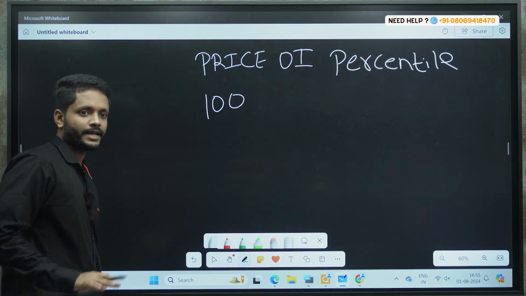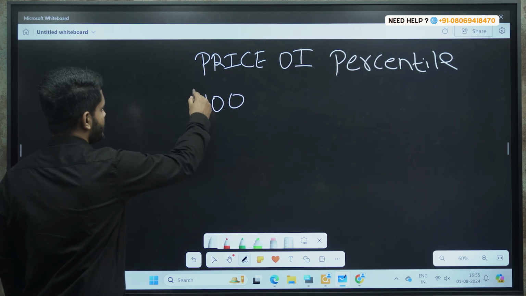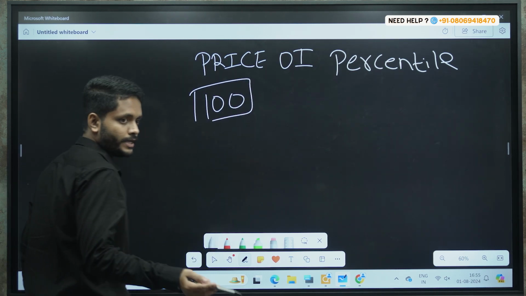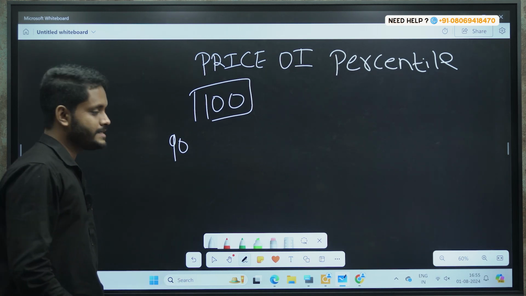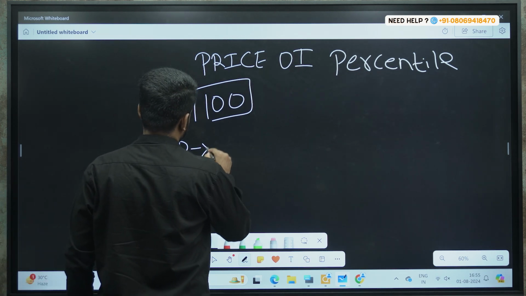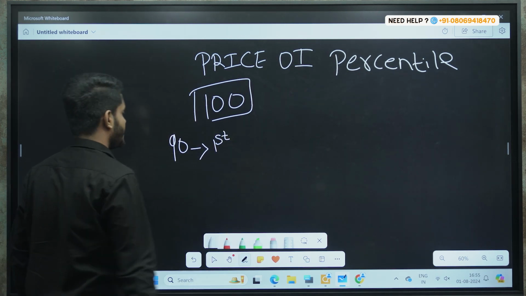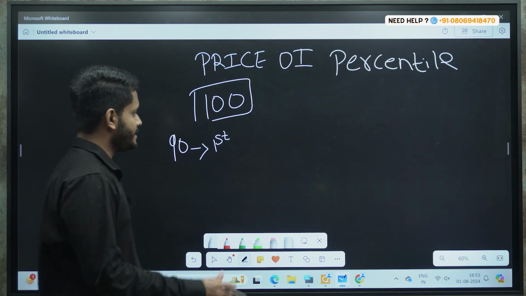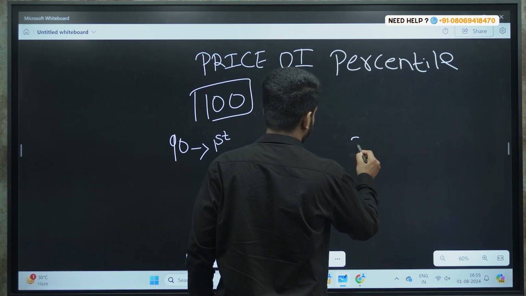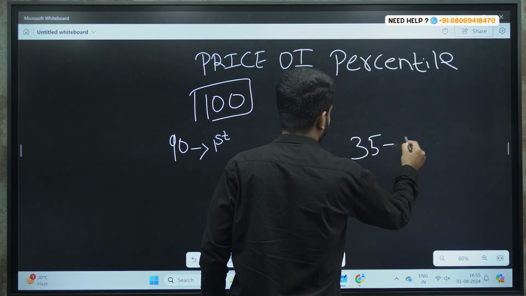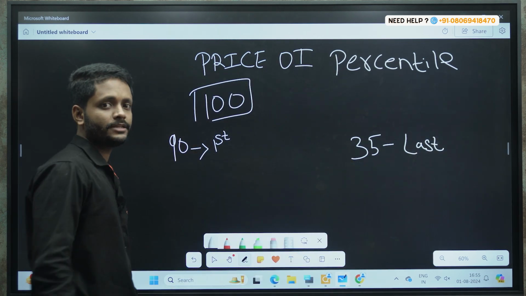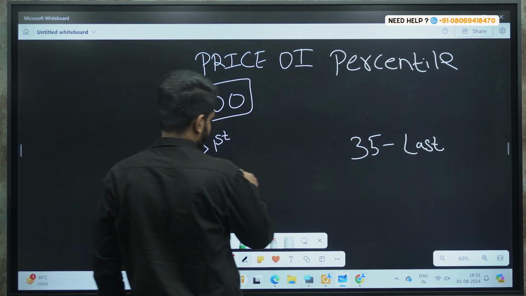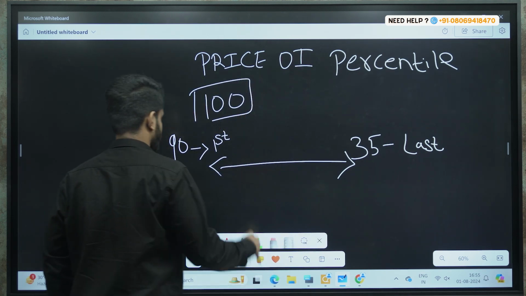One student has secured 90 marks and he is the first in the class, and there is one more student who has secured 35 and he is the last. The rest of the students lie between these two.